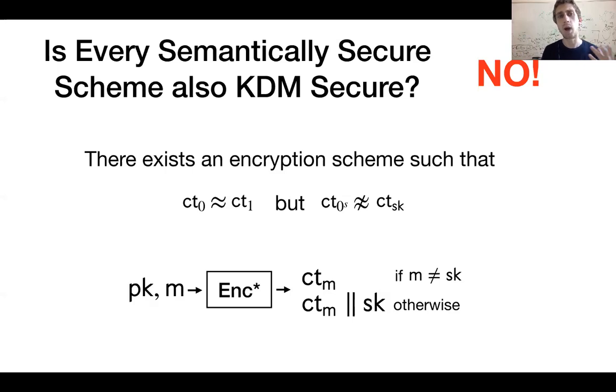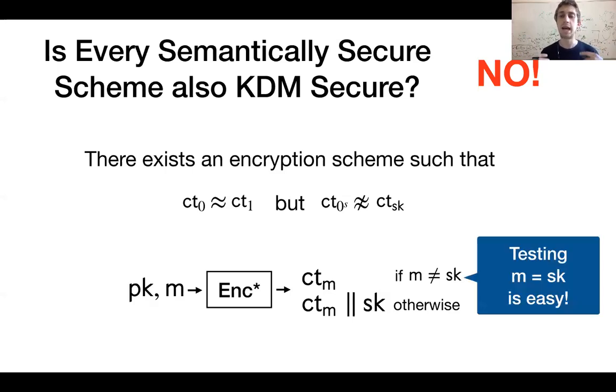The key idea of why this is a counterexample is that testing whether a message is a secret key is easy. You can just see whether this message decrypts random messages that I generate encryptions for. And so this gives a very straightforward way to show a semantically secure encryption scheme that's not KDM secure, at least not under this kind of restricted circular security definition.